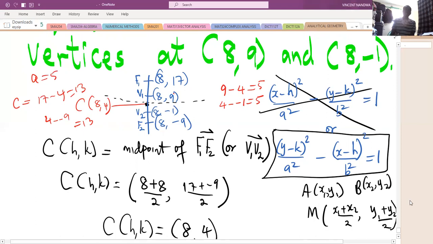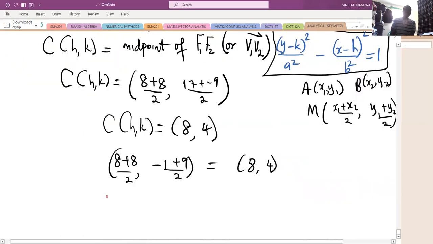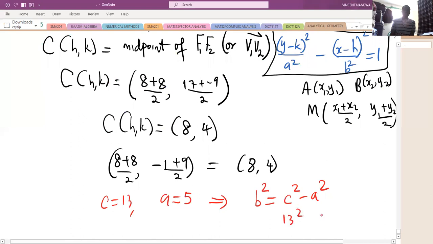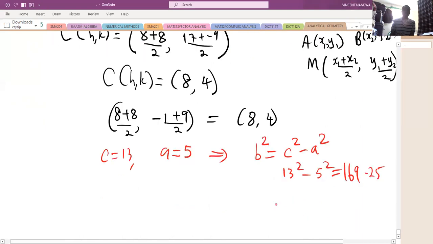So c is 13 and a is 5, which means b can be found from c squared minus a squared. 13 squared minus 5 squared, 169 minus 25, that's 144. b squared is 144, so b is 12.